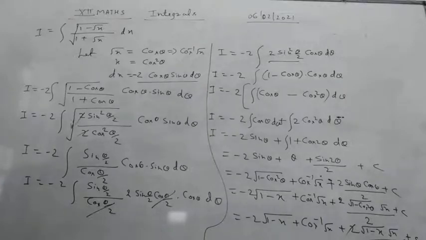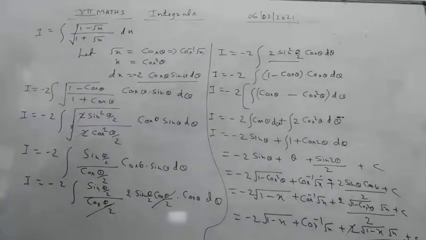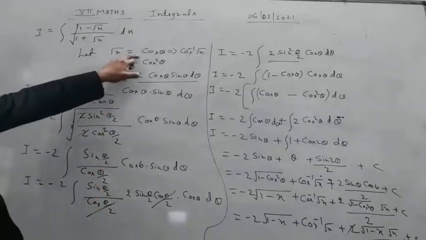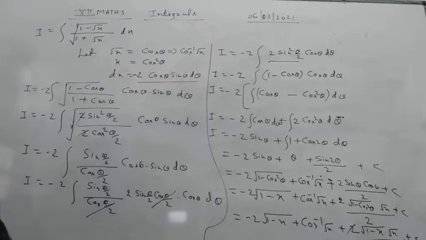Our question is to find the integral of under root 1 minus root x divided by 1 plus root x dx, students, and here we supposed that root x is cos theta, so when we square both sides we get x equal to cos square theta.